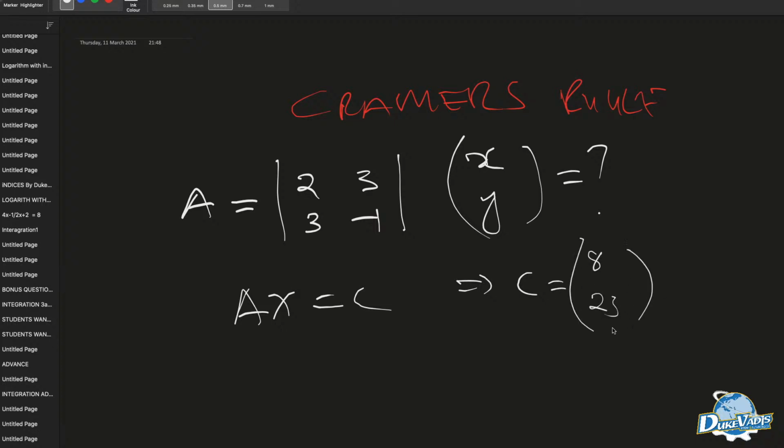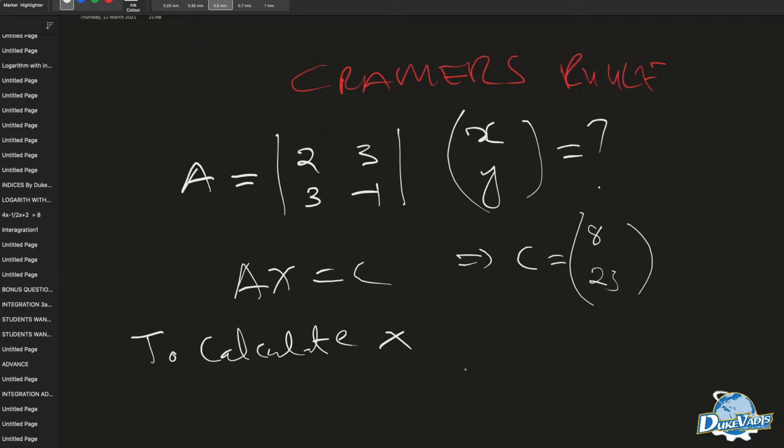So what we do, to find the value of x, is we say x is equal to, if you look at the matrix here, these are the x values. So I'm going to replace this column with 8, 23 for the x.